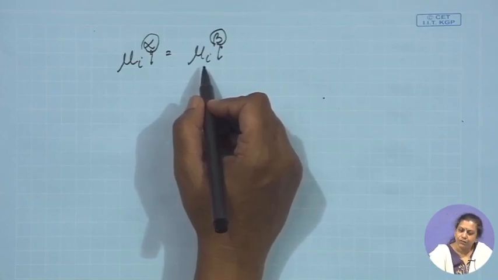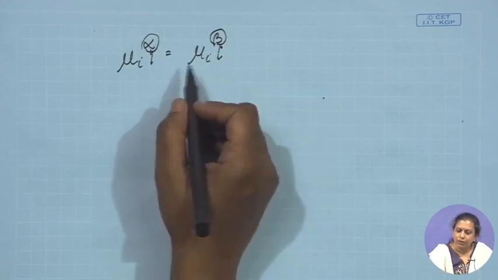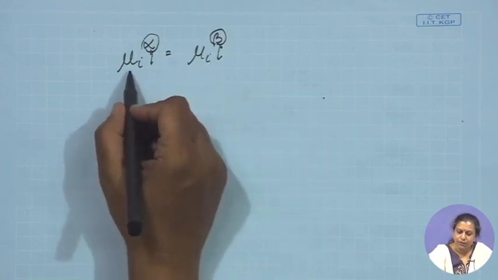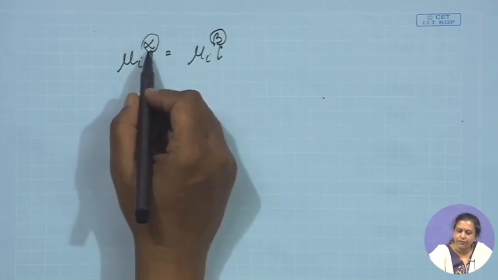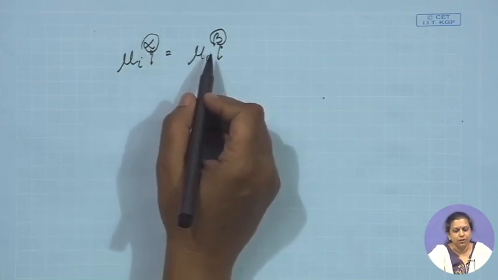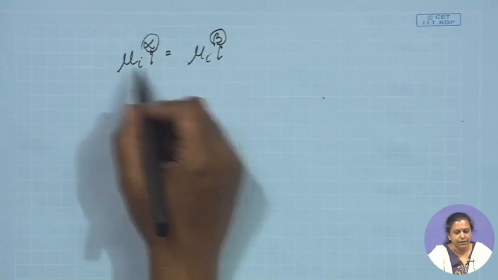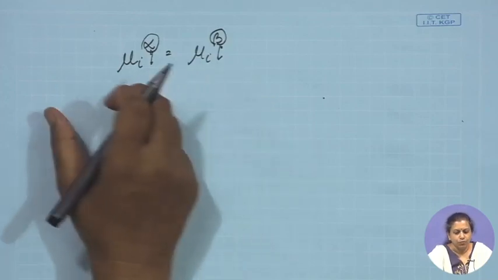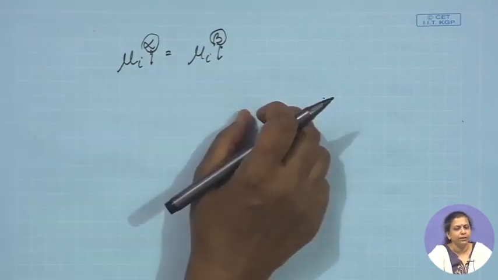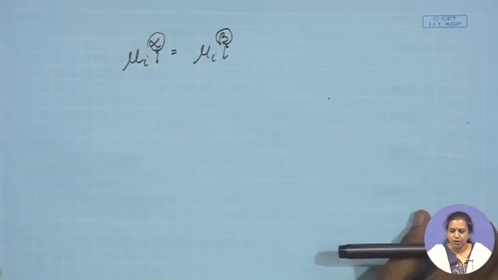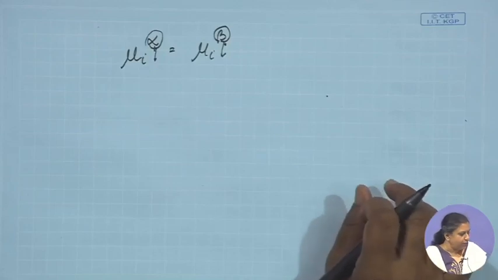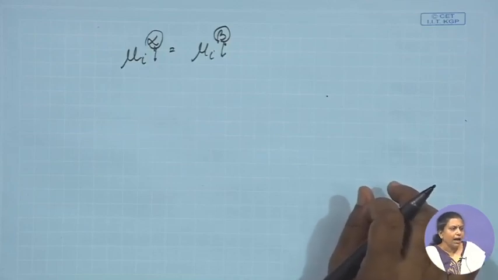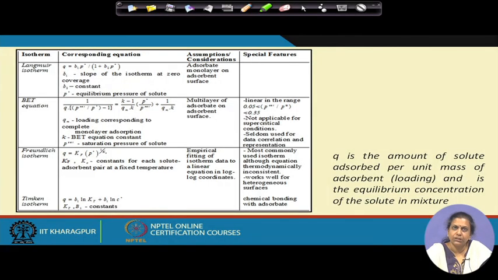And therefore, how do we develop mathematical equations? For developing mathematical equations, we try to express the chemical potential of each component i in the two phases in terms of the compositions of component i in the corresponding phases. And those particular equations, when they are equated, we get phase equilibrium relationships. Now, tell me, for absorption, what is the standard equation?